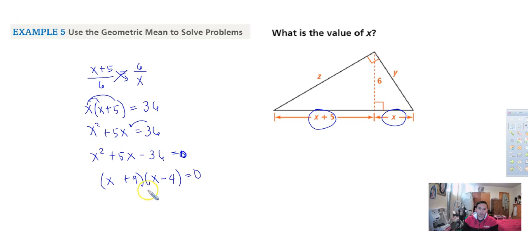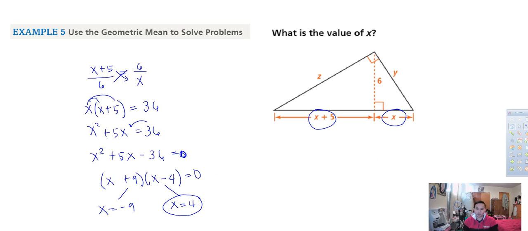So we are going to equate this one to 0. So this one will be x is equal to negative 9. And this one here, x is equal to positive 4. So we only have to get the positive answer. Therefore, the value of x is equal to 4. Remember, length is always positive.